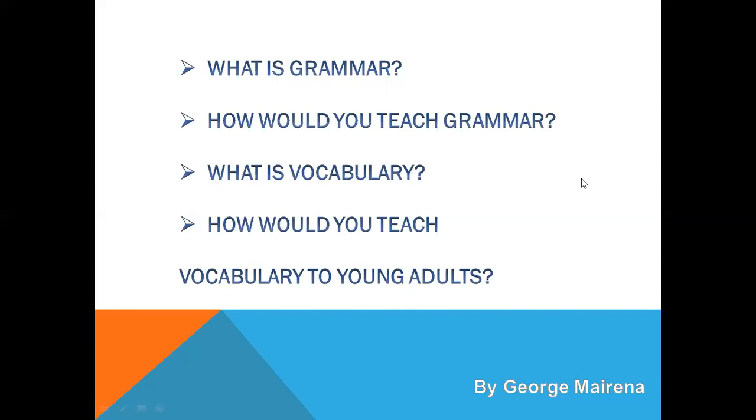How would you teach? Yes. Me, teacher. Yeah, okay. For me, vocabulary, for example in learning English, is to expand your vocabulary because it's essential for effective communication and comprehension. English skill.